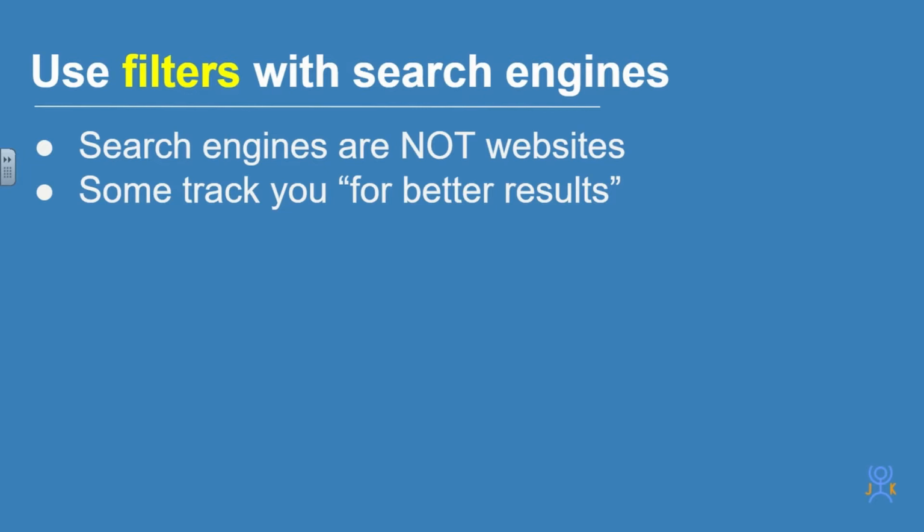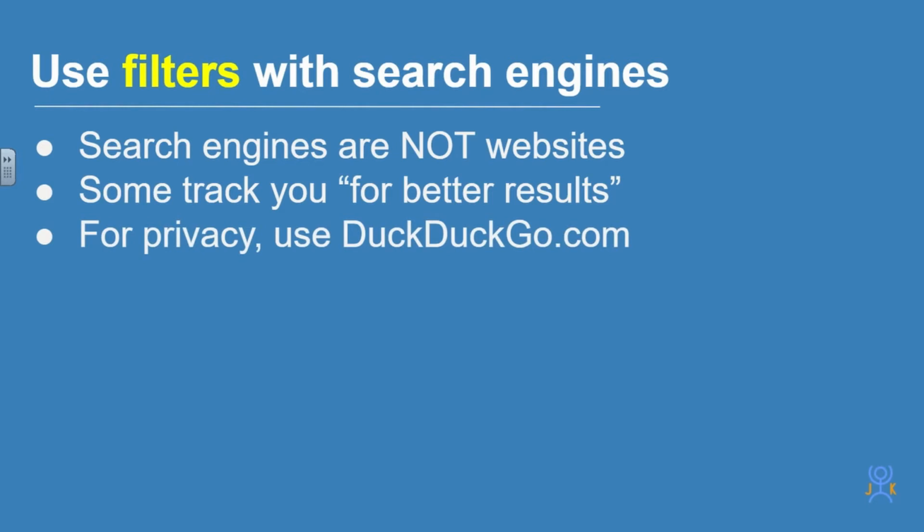For example, Google tracks you and uses that information to give you better results and sells your information on to other companies, of course. For privacy, use duckduckgo.com. For some reason the school's blocked it at the moment, so I can't show you that one today.